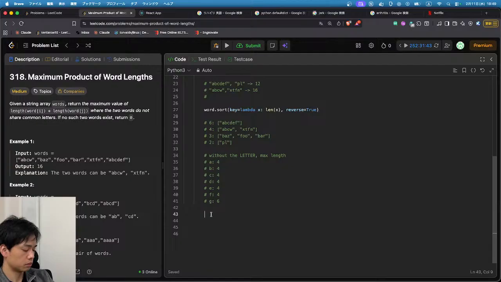Zero, 1, 3, 5. Zero, 1, 3, 5. So 2, 4, 6. We can make.